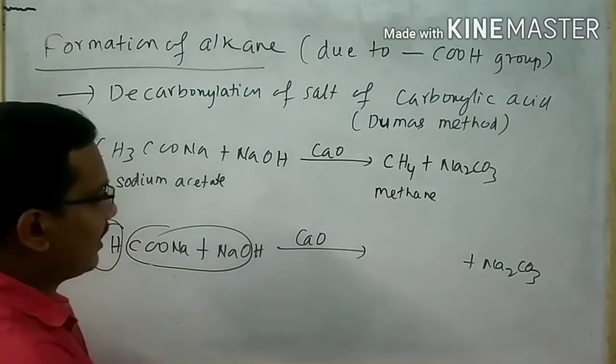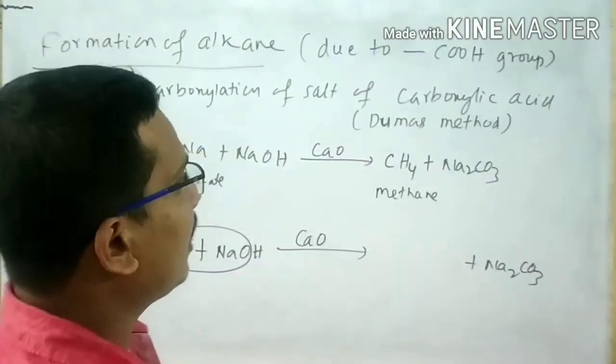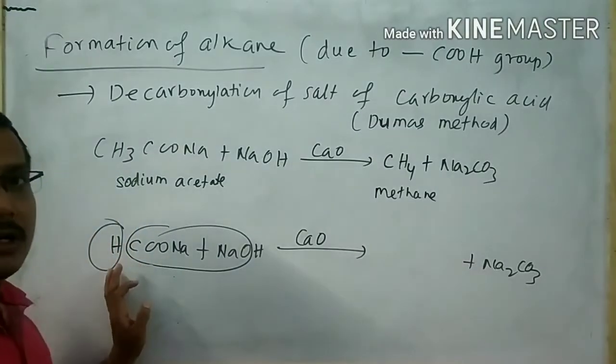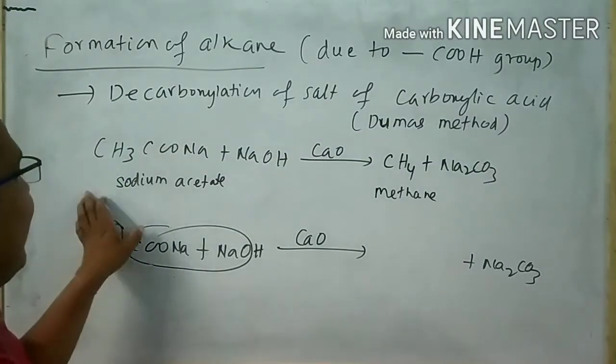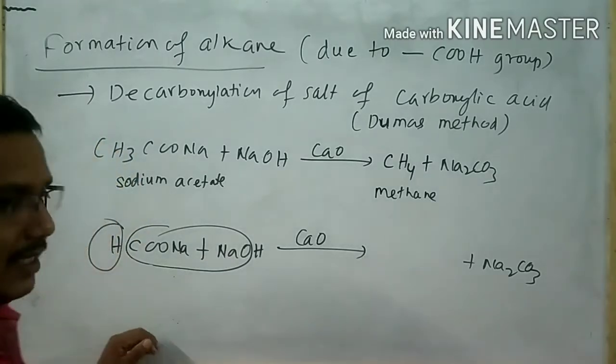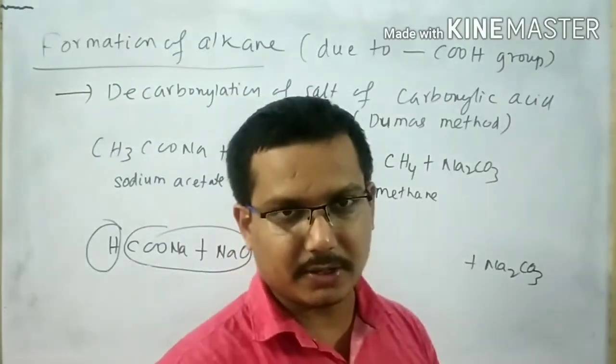So such a reaction cannot be possible for the preparation of alkane by the Dumas method. That means except the salt of formic acid, we can take any salt of carboxylic acid for the preparation of alkane by the Dumas method.